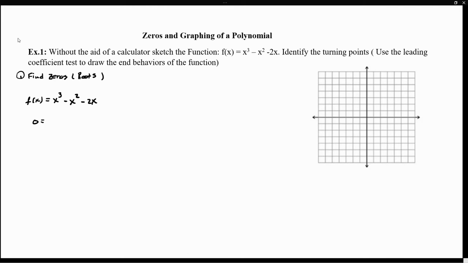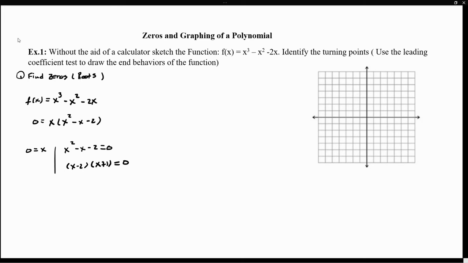And now notice that on the right-hand side, I can factor out an x from every single term. So now I have that x is equal to 0, and also x squared minus x minus 2 equals 0. So we continue factoring. We can see that x squared minus x minus 2 is equivalent to x minus 2 times x plus 1 equals 0.